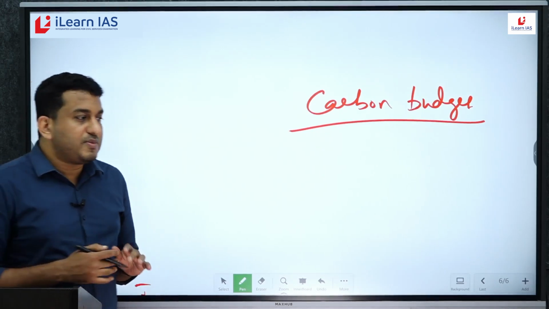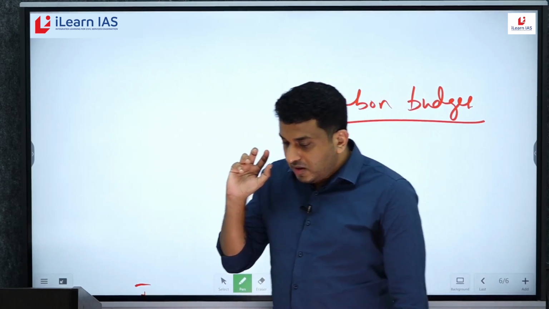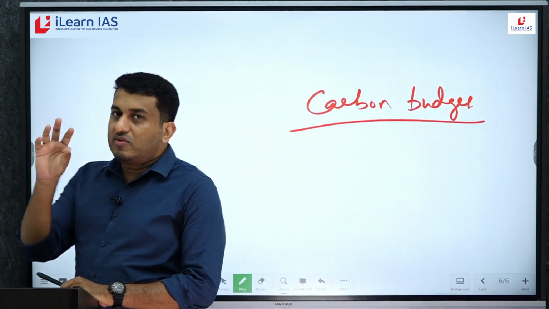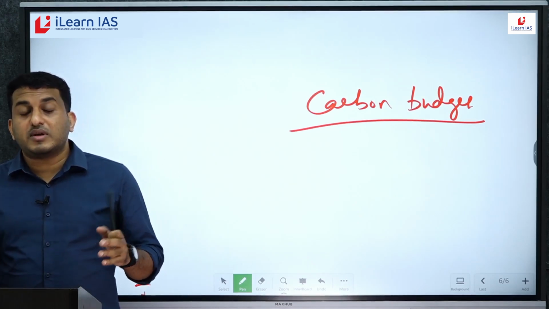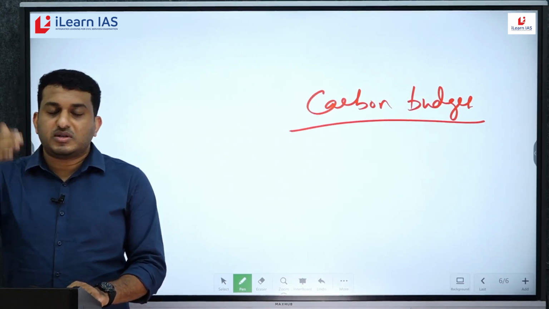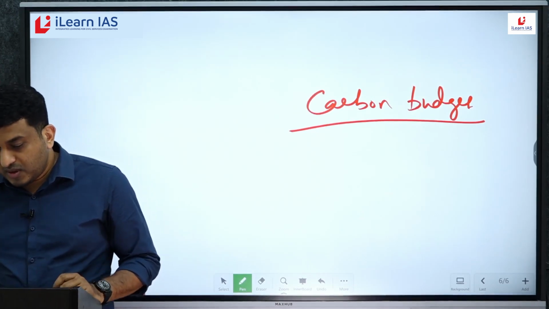So once you read this report, you need to have clear-cut clarity about the keywords given in it, because these keywords can be a question in prelims. What is carbon budget? They'll give you 4 definitions of carbon budget. That can be a question.